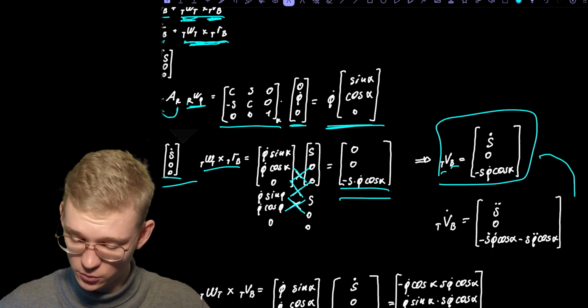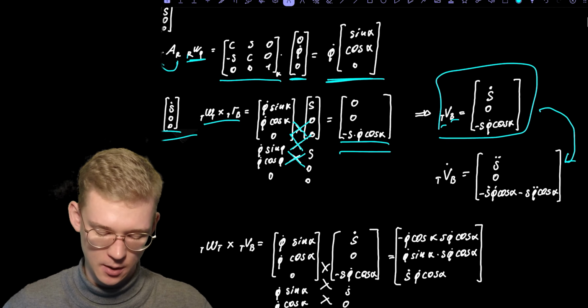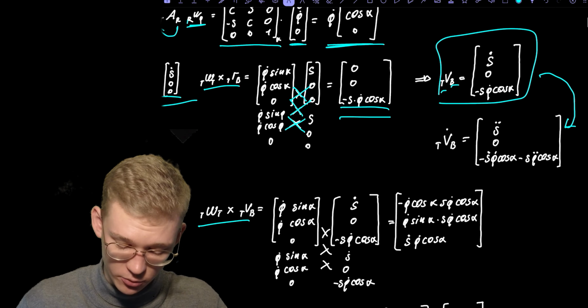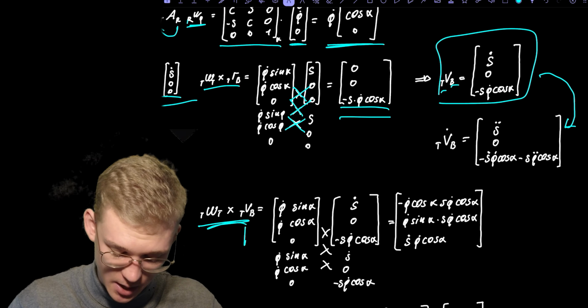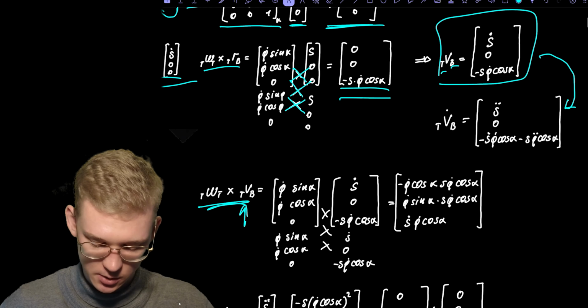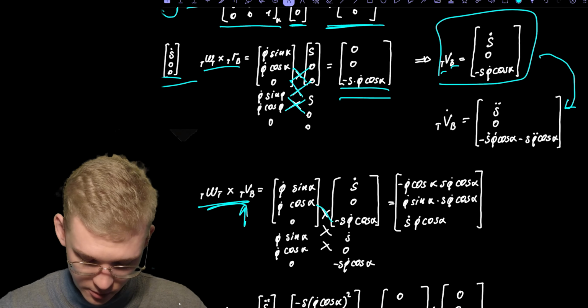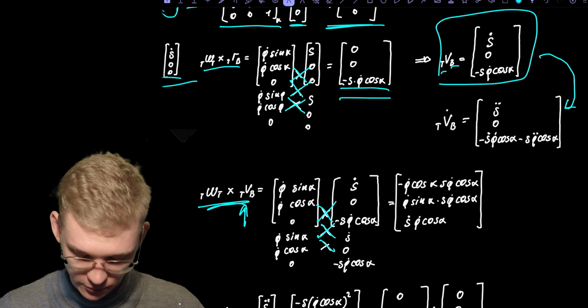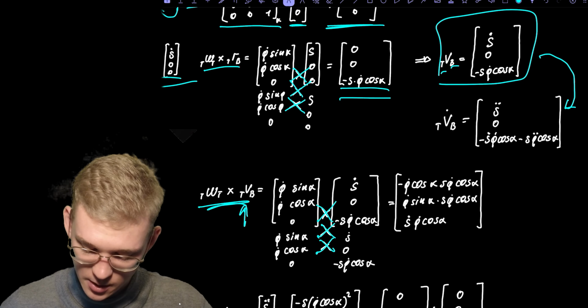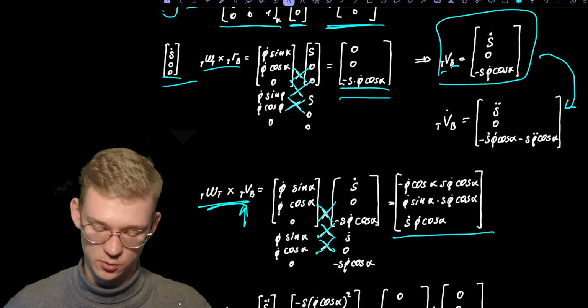Then, of course, we have to derive it once with time, but we can't forget our rotation. So now we have to do, again, the cross product, but now with the velocity. So we go from here to there, from here to here, and so on. And that's how we get this lengthy expression.